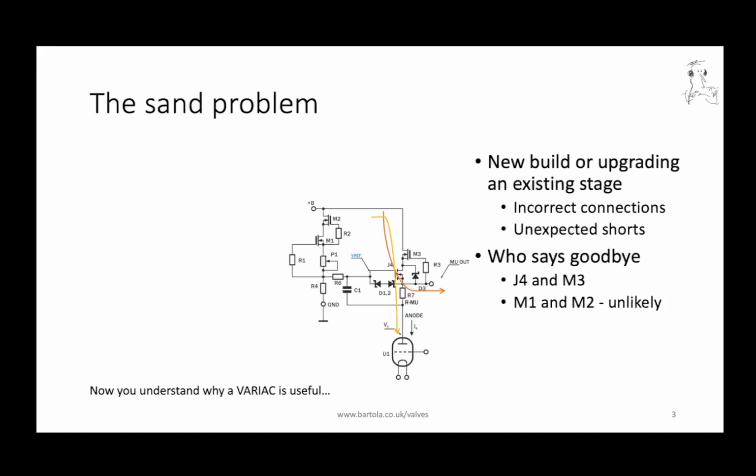In normal operation, that cascaded pair will provide the sourcing current into the output stage load required, and will work in conjunction with the valve U1, providing an impedance multiplying effect and a bootstrapping through the RMU resistor to make the whole stage, that totem pole, operate as a mu follower.